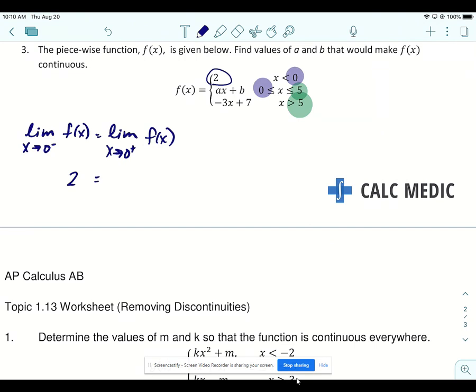And then from the right, I'm going to take 0 and plug it in for x. All right, and then solve that for b. And so I know that b is 2, so that's great. I can just go ahead and come up here and mark b out and make it a 2, and then use that when I go to do the second part of this problem.